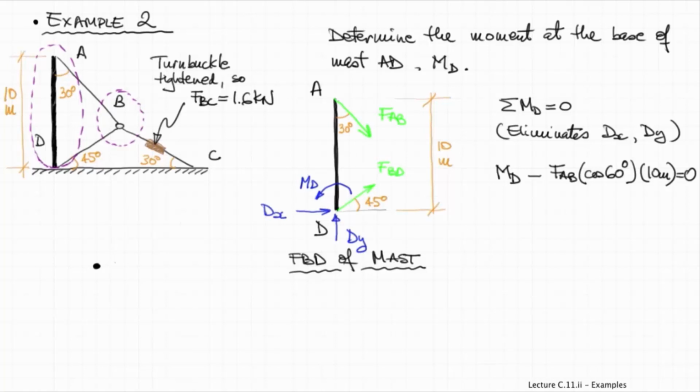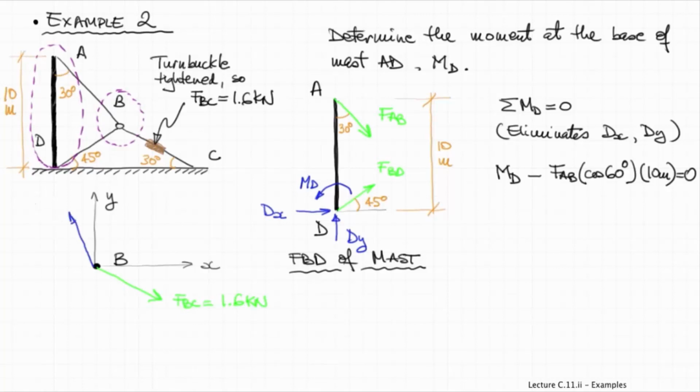So if we now isolate the particle at B by cutting the 3 cables that surround the particle, we can then draw the forces in those 3 cables on a free body diagram of particle B. So this would be the force in member BC, which we know equals 1.6 kilonewtons in magnitude.